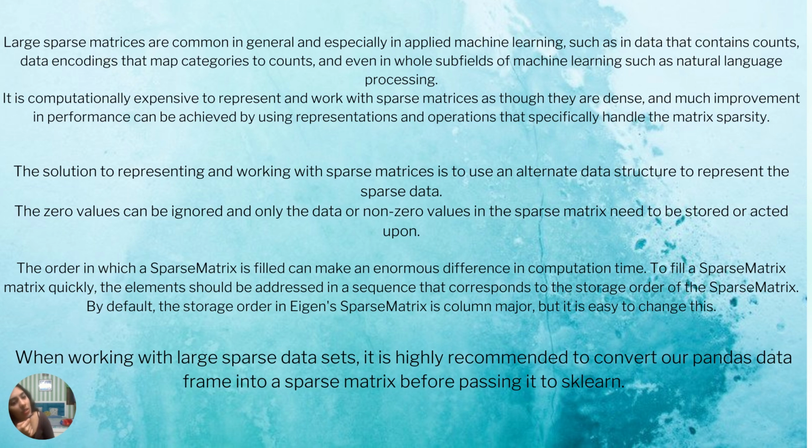By default, the storage order in a sparse matrix is column major, but it is easy to change this. When working with large sparse data sets, it is highly recommended to convert our Pandas data frame into a sparse matrix before passing it to sklearn.